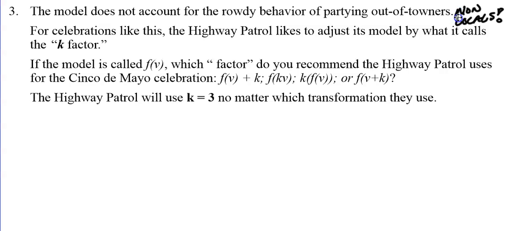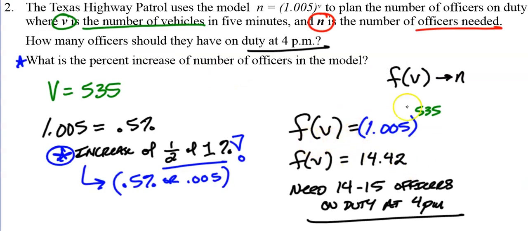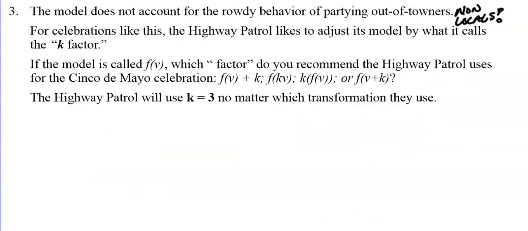So for celebrations like this, the Highway Patrol adjusts the model by what it calls the K factor. If the model is f of v, which is what we've been using, what we end up with is this K factor.